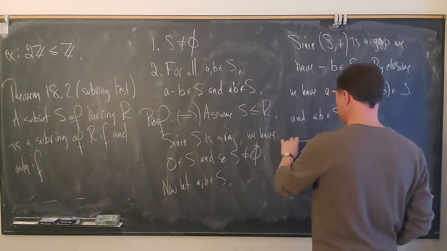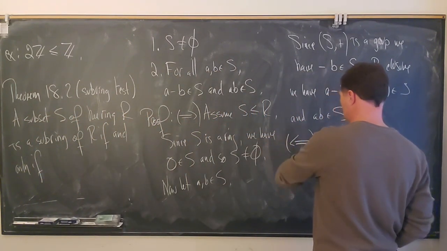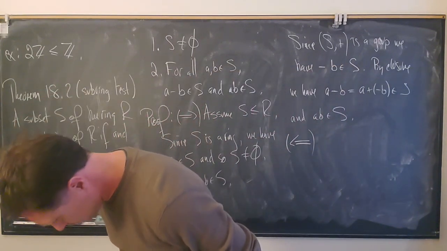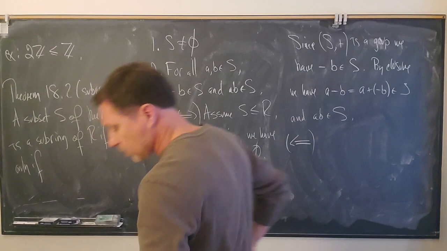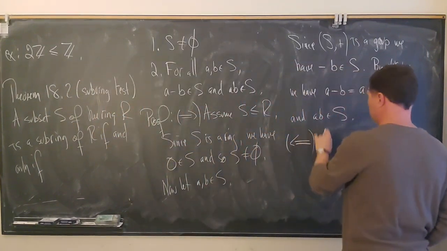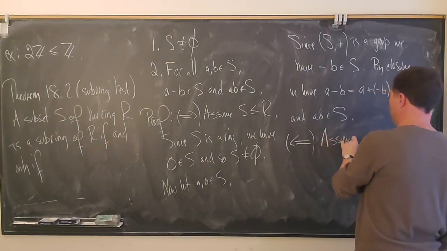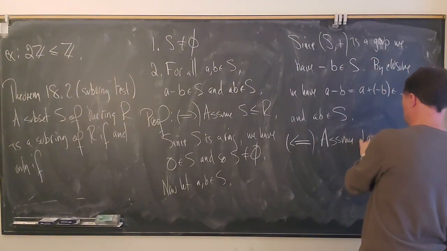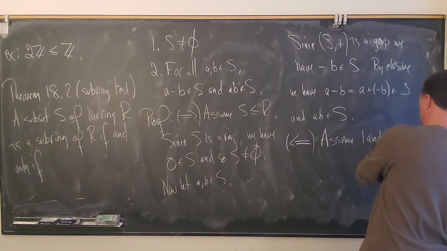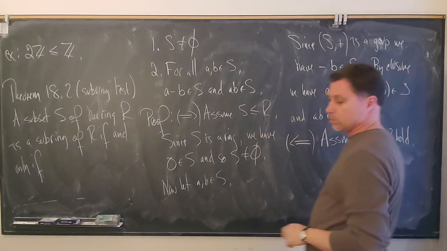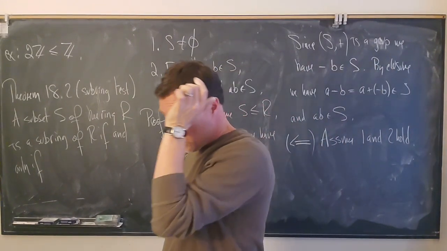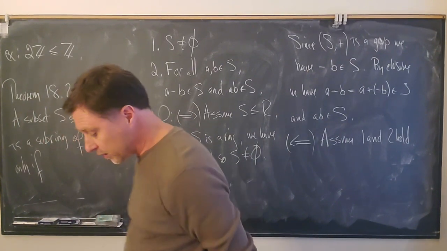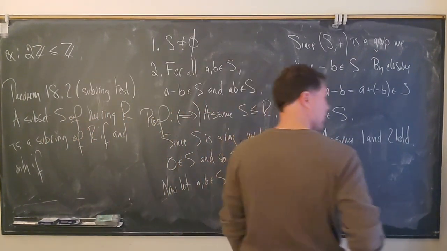Now for the reverse direction, let's assume that 1 and 2 hold. Okay, so now what do I need to do? Well, I need to show that S is an abelian group under addition. So assume 1 and 2 hold.